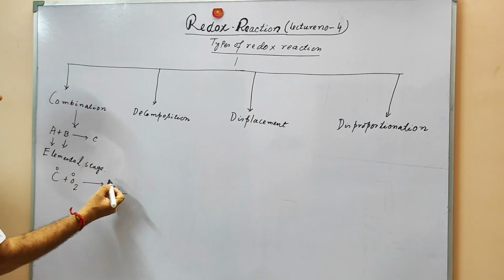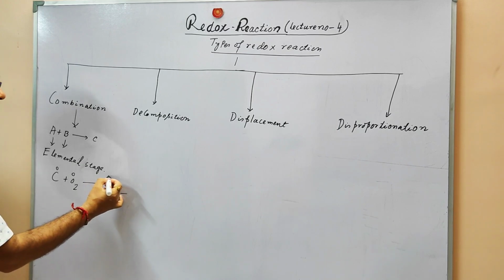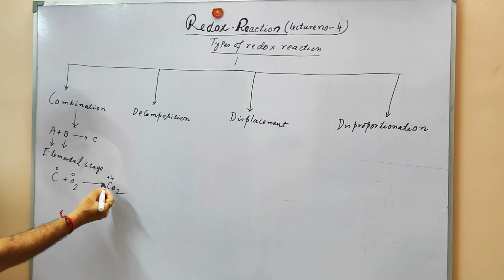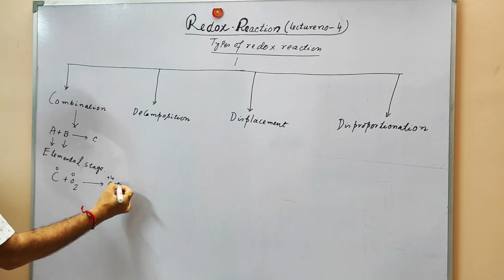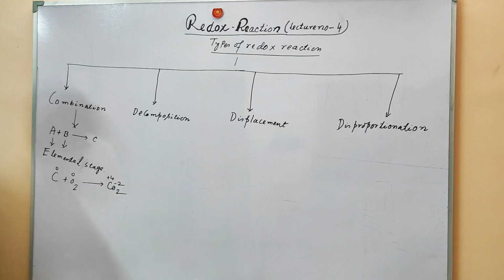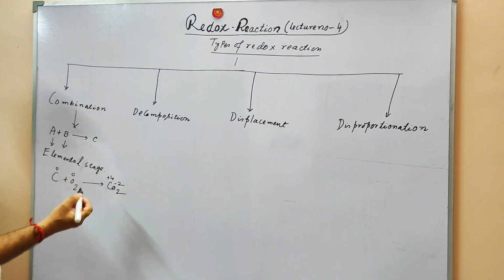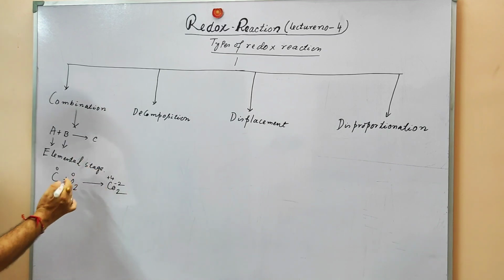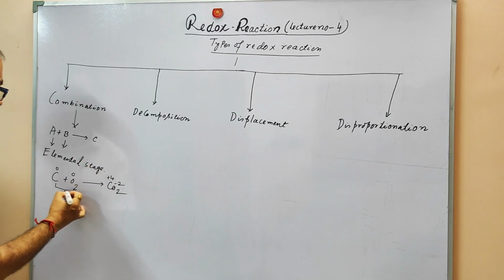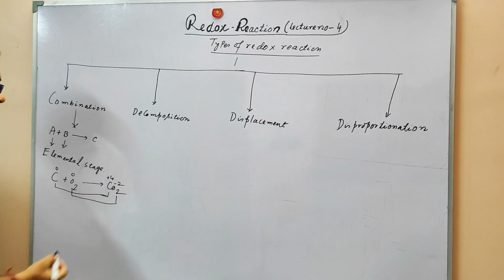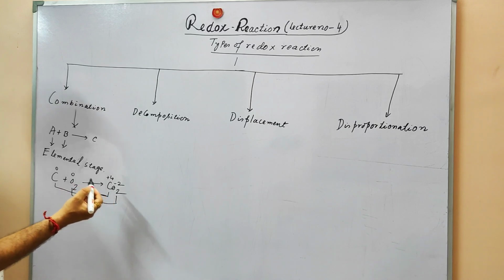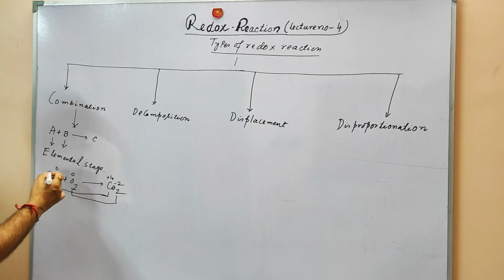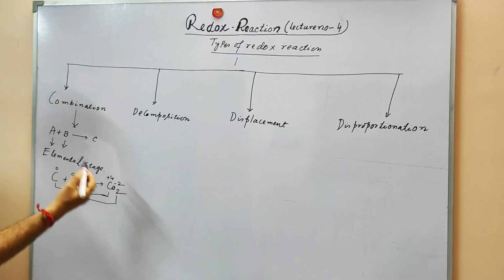They produce carbon dioxide, which is in the combined state, and you will observe the oxidation number of carbon is +4 and the oxidation number of oxygen is -2. So here we find a very interesting thing: carbon is oxidized to carbon dioxide, and oxygen is reduced in it.